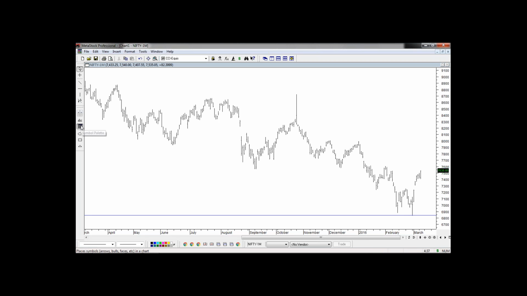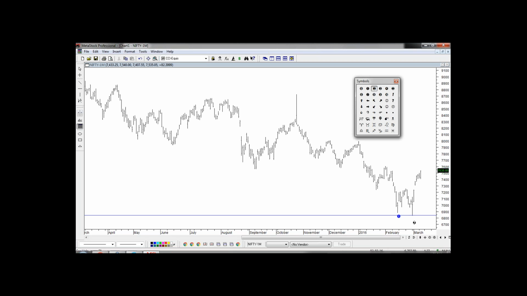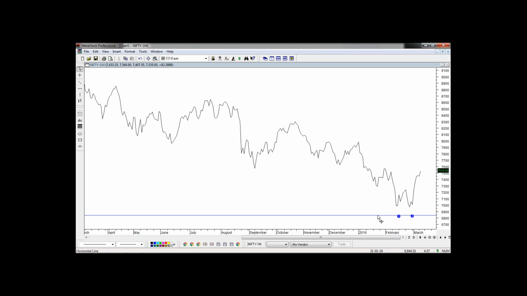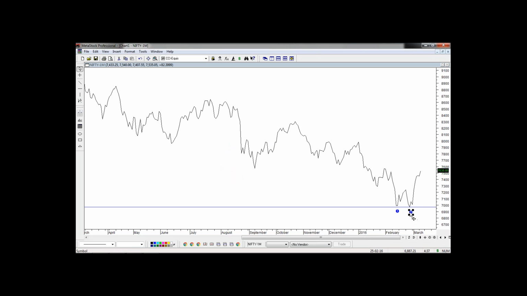So as you can see, at this particular point, I am finding a kind of double bottom formation in the chart. Maybe if I convert it into the line chart, it will be simpler for you guys to understand.